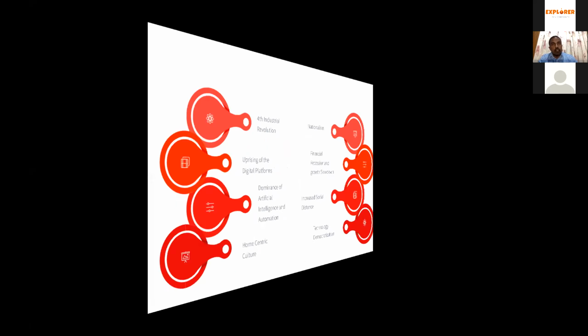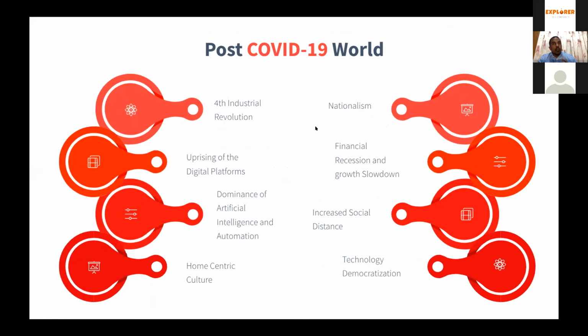So let's understand very quickly what the post COVID-19 world would be. I think people will move towards some sort of nationalist model. Globalization has its own merits and its own issues, but still the world will be globally connected through digital media. The rest of the world will be focused more on their national economies.